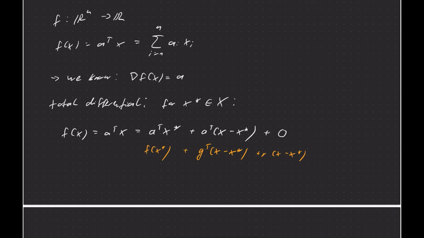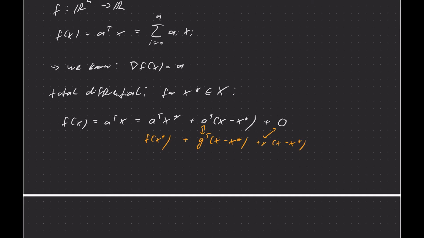So what we get here is g may just be set to A, and the error that we make is then 0. Okay, so g can be set to A, so f prime of x star is actually A for every possible x star.